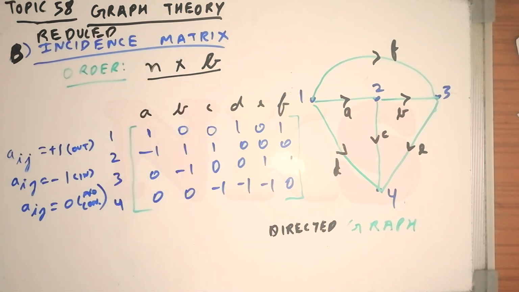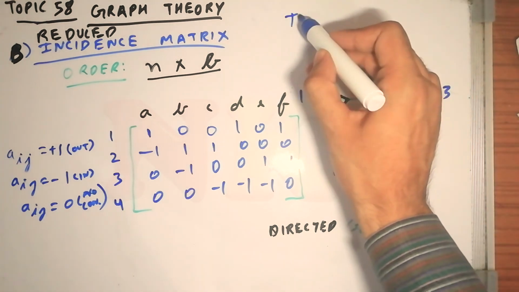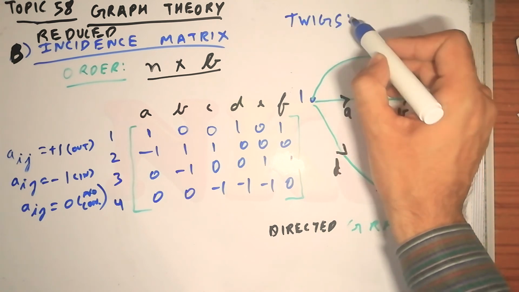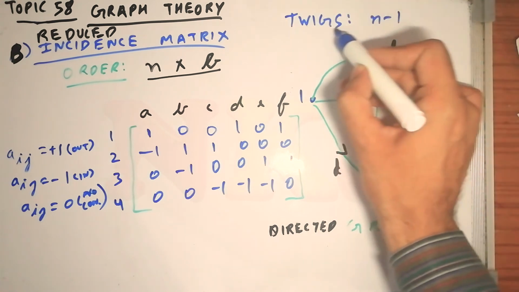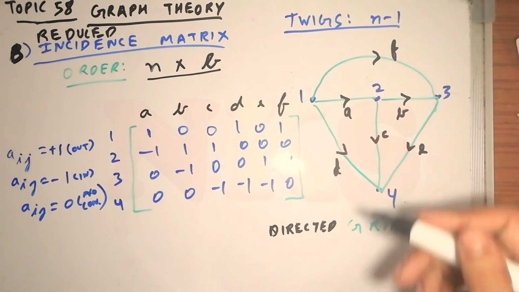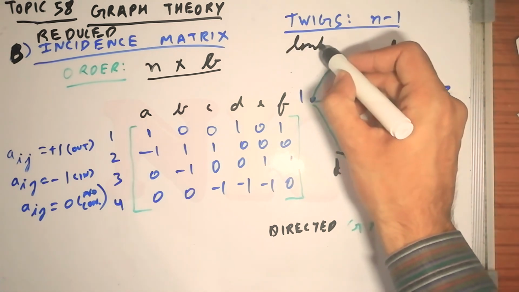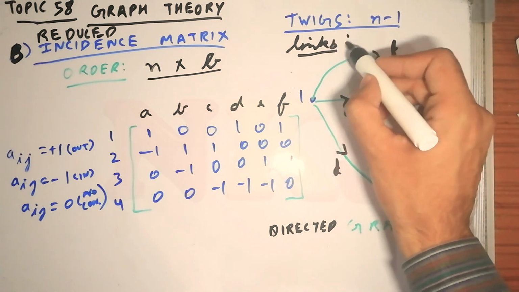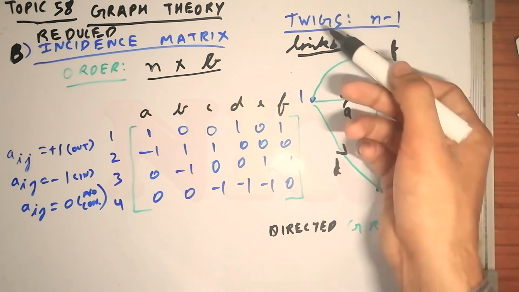Before starting that, one more thing I want to say is, the number of twigs for a directed graph is n-1. Twigs are always in a tree.